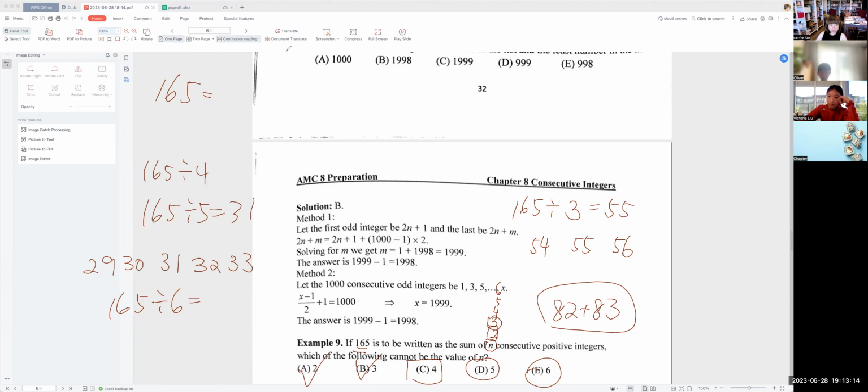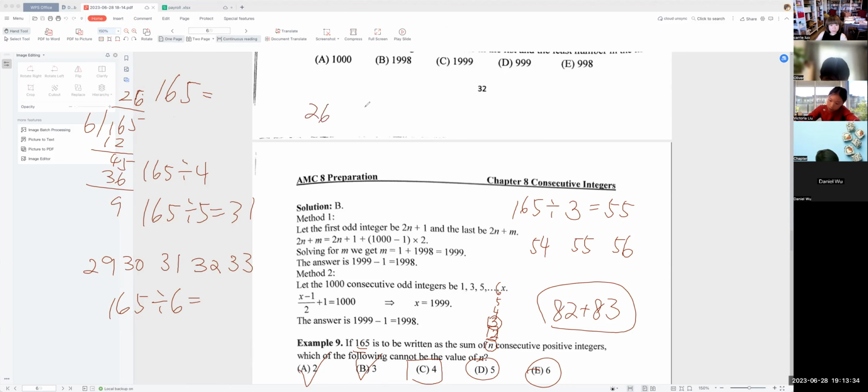But let's look at 6. Has anyone worked out 6? Because 6 equals what? So 165 equals... Oh, Daniel dropped out. So we can have 26, 27, 28, 29. So this one's plus 1, plus 2, plus 3, plus 4, plus 5.